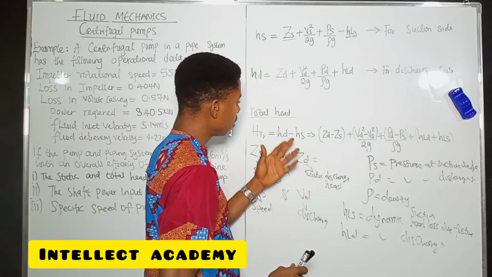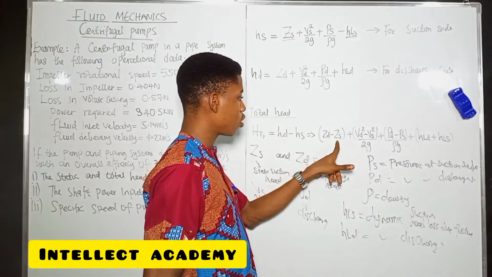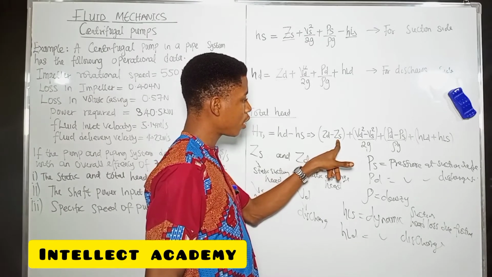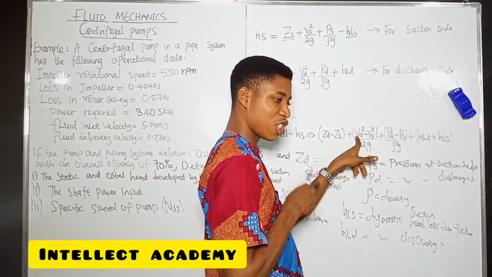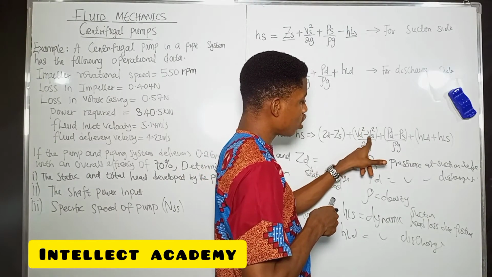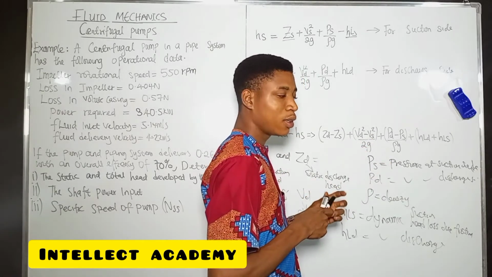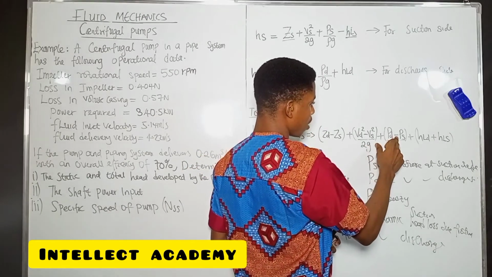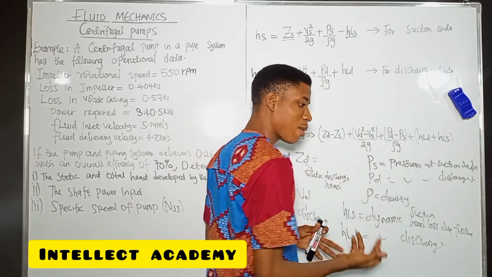So we have the total head equals the static discharge head subtracted by the static suction head, plus the square of the velocity at the discharge side, subtracted by the square of the velocity of the suction part, all over 2 multiplied by gravity, plus the pressure at the discharge minus the pressure at the suction, all over rho g, which is density multiplied by gravity.